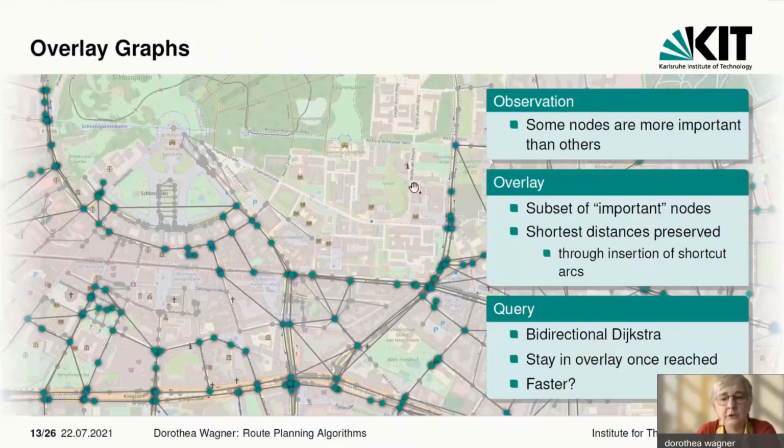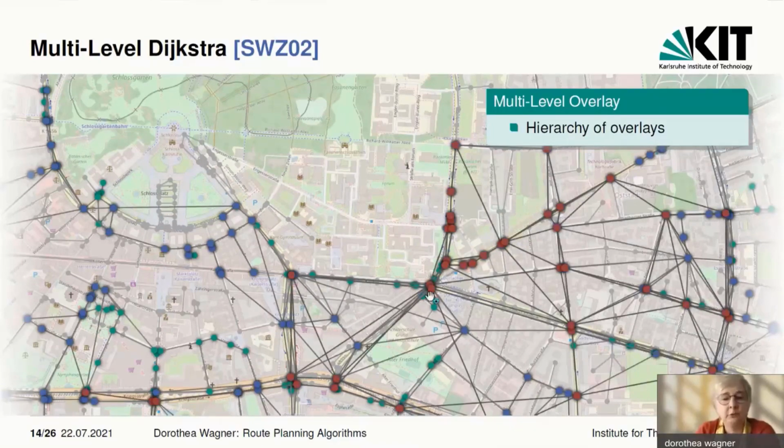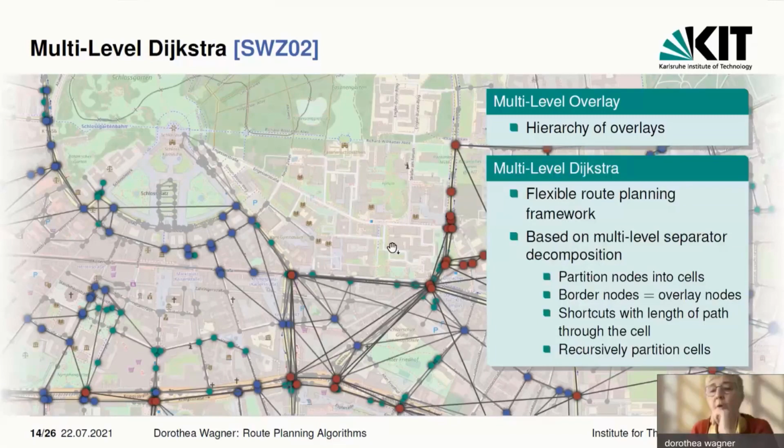We have these important green nodes, and among these green nodes and the overlay graph induced by the green nodes, we choose a smaller set of the more important nodes, these blue nodes, and then compute an overlay graph induced by these blue nodes by, again, computing the shortest paths between pairs of blue nodes and introducing the induced shortcut edges. And then maybe another level, choose these red nodes, which are the even more important nodes within the blue nodes, and compute the induced overlay graph for these red nodes, and so on.